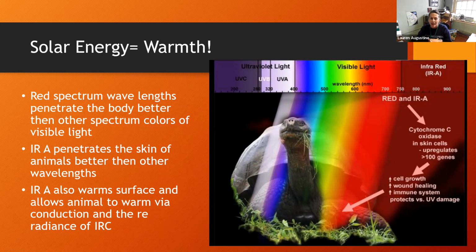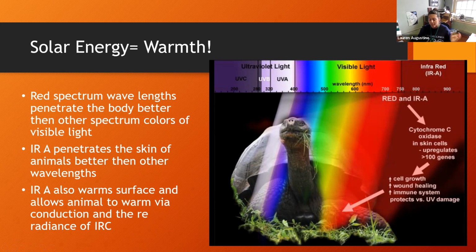We utilized that a lot with reptiles in the past through heat mats. A heat mat for a tortoise or a lizard, sitting on that heat, would represent the IRA turning into IRC warming of the animal. It just doesn't absorb into the body and through the skin like IRA penetrates the skin. So IRA is much preferable to IRC.